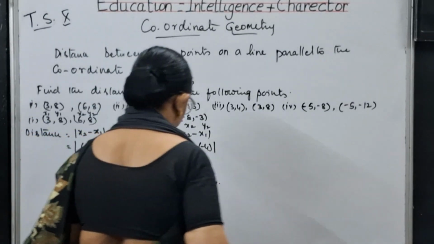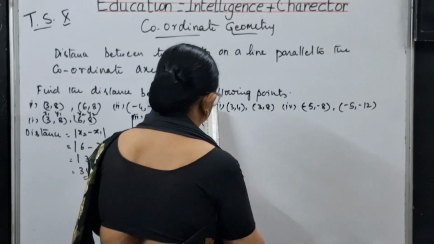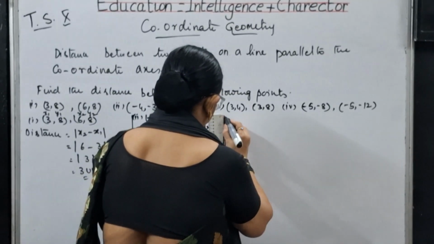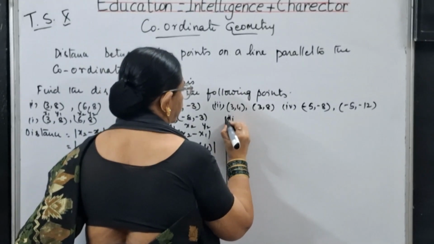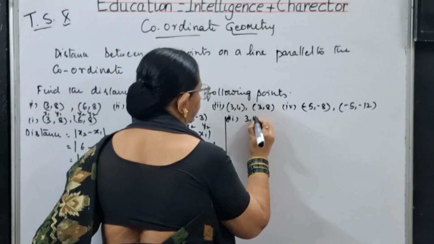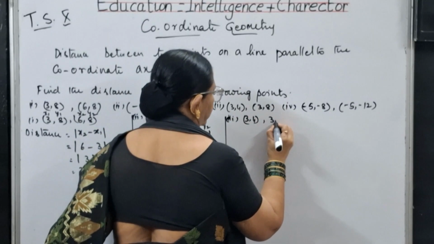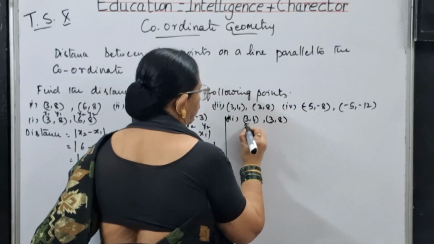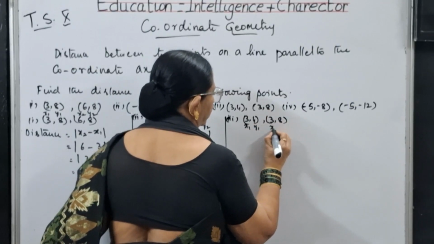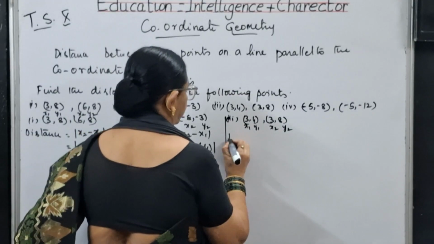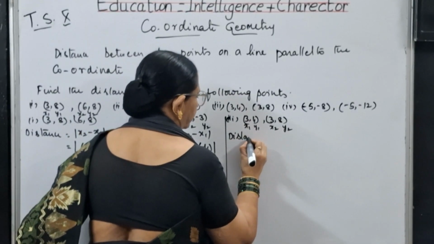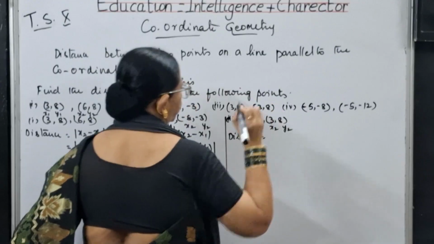Now, third bit. 3 comma 4, 3 comma 8. So x1, y1, x2, y2. Now we have to find out the distance. So what formula will we use?